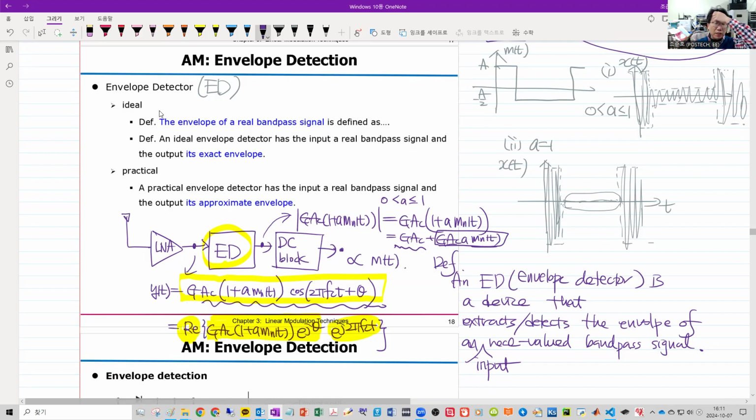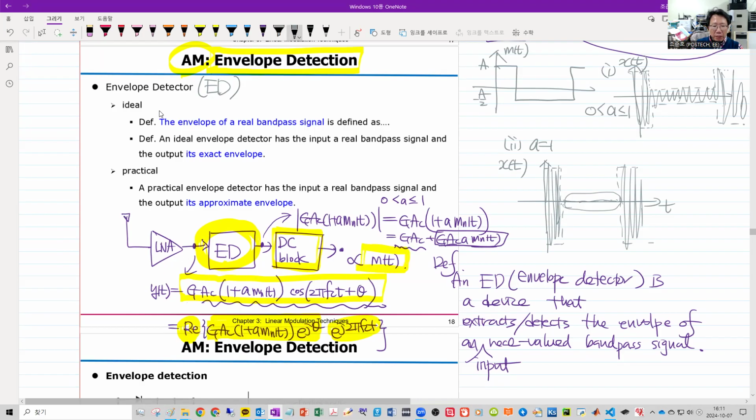So this is the idea of envelope detection of an amplitude modulated signal. You use an envelope detector followed by a DC blocking filter. Then you can recover a constant multiple of the message signal. Of course, it could be delayed. Got it?